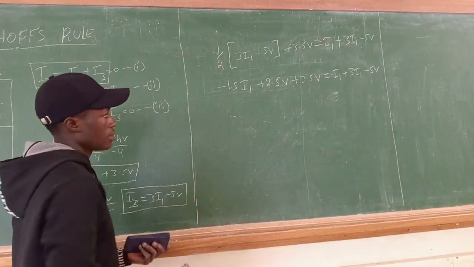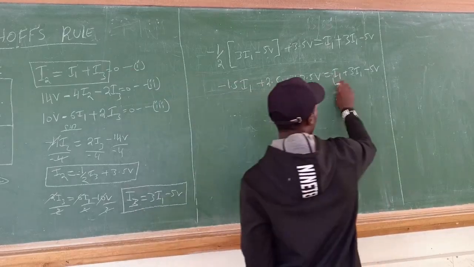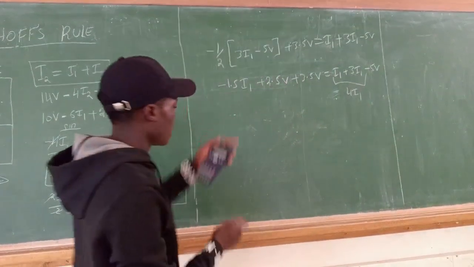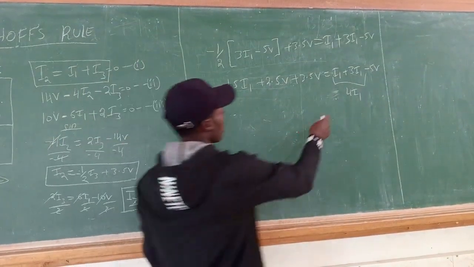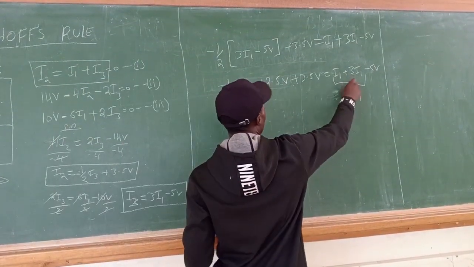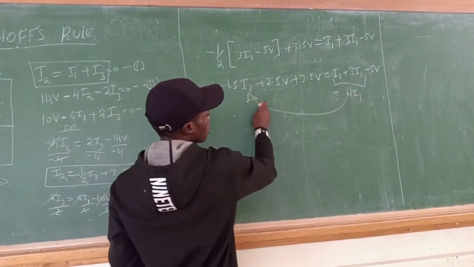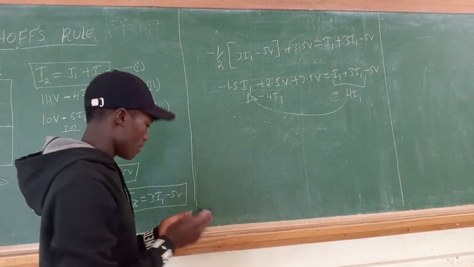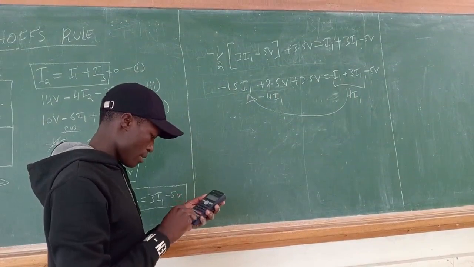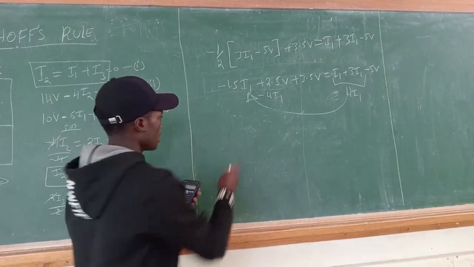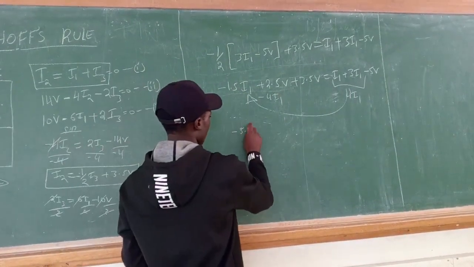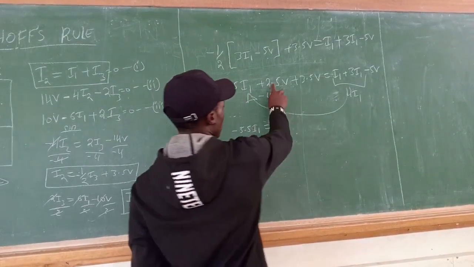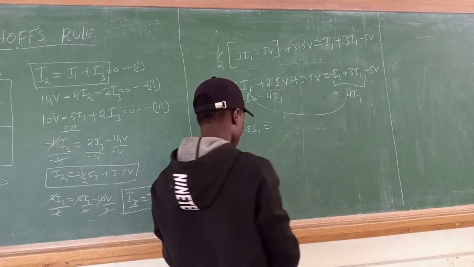Let's now collect like terms. So we have I1 plus 3I1, that is plus 4I1. Then we have negative 1.5 I1. So we are going to bring this 4I1 to this side, so it's going to be minus 4I1. So negative 1.5 minus 4, that is negative 5.5 I1 equals, so we have 2.5 volt plus 3.5 volt.